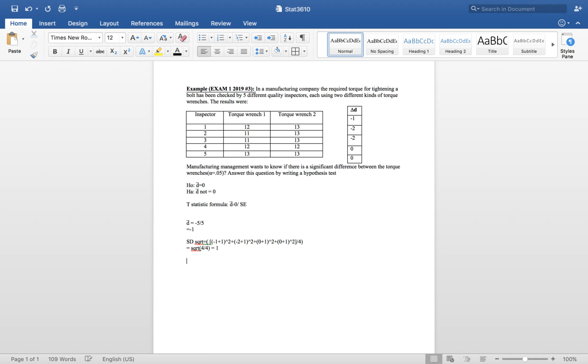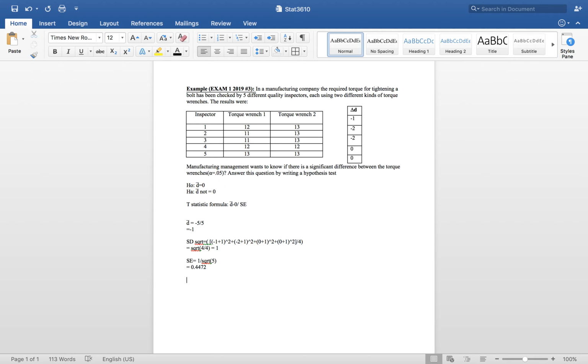So now we can find our SE, and our SE is our SD divided by the square root of the number of inspectors. So it would equal 1 divided by the square root of 5. Okay, and that is about 0.4472. So now we have all our information to find our t-statistic.